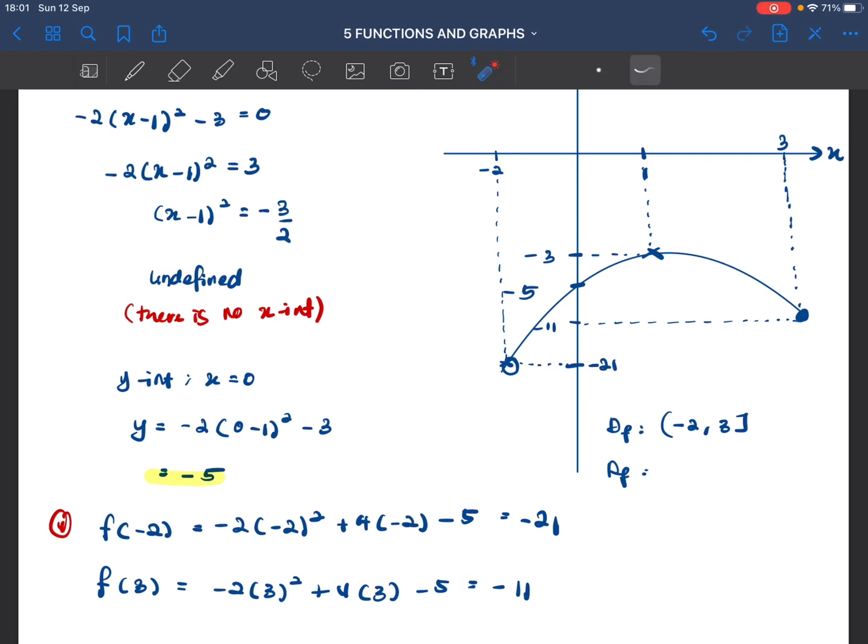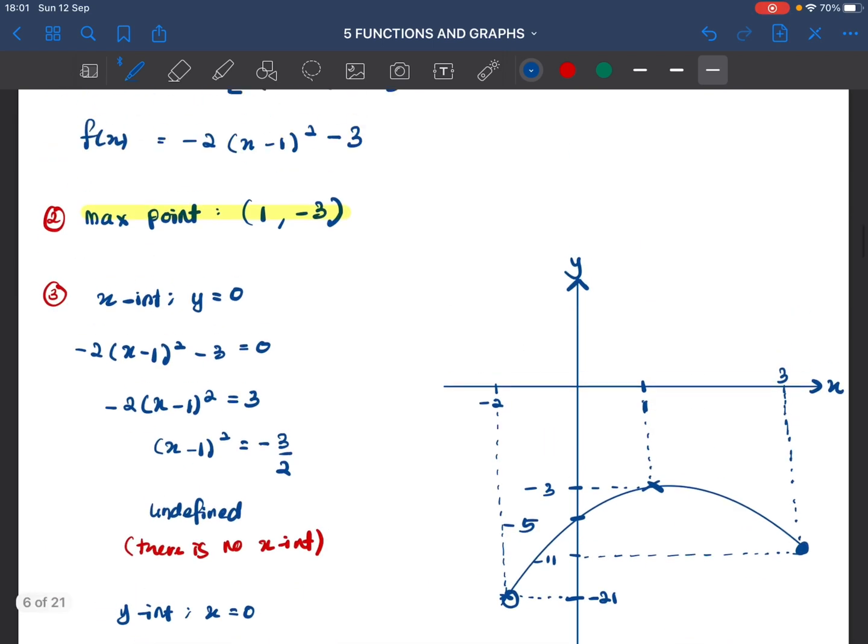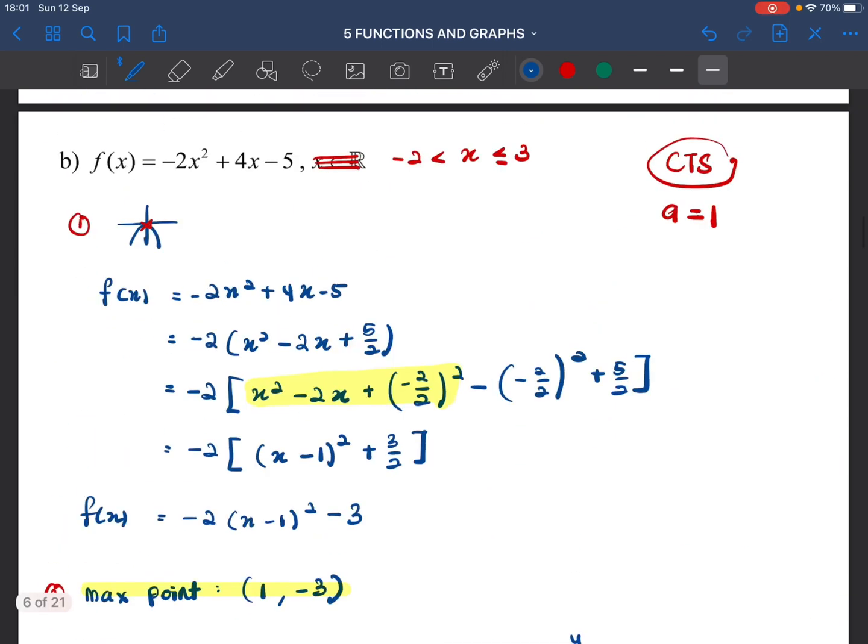So from below, start with negative 21 open, atas ini termasuk sampai ke negative 3 close. Okay, so that is our domain and range for quadratic function with the condition or with domain given.